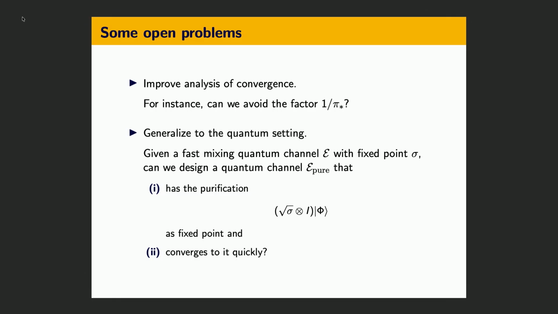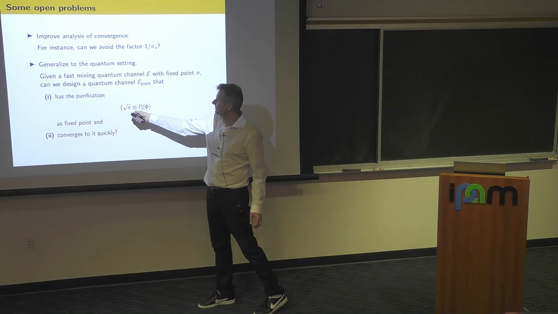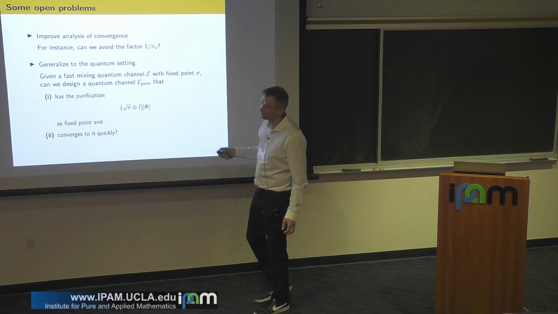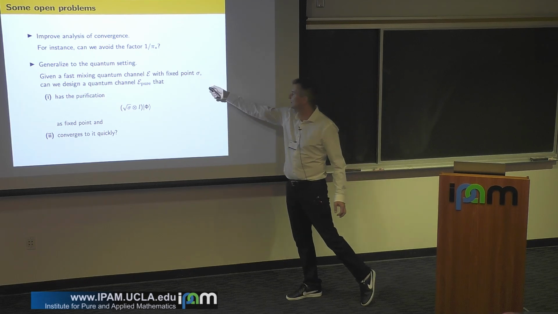And then, I think that would be kind of cool, to generalize to the quantum setting. So imagine that we have a fast mixing quantum channel E. So for example, this could be a quantum channel that prepares the Gibbs state, sigma.